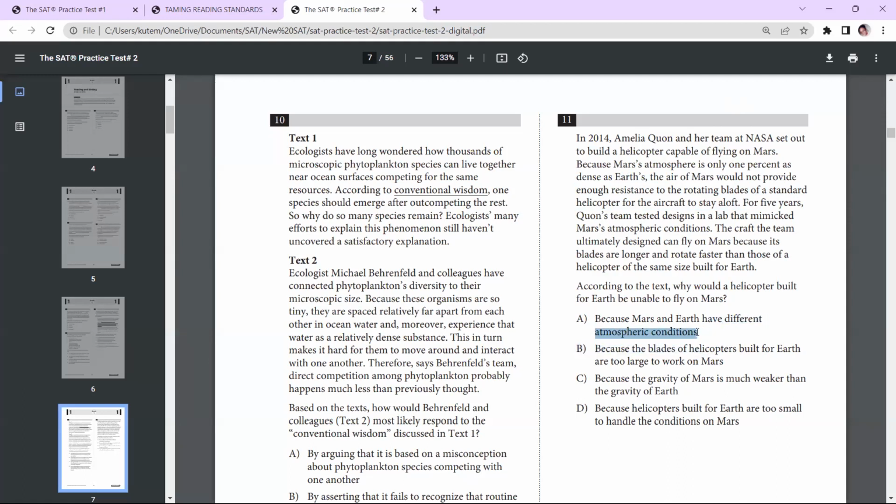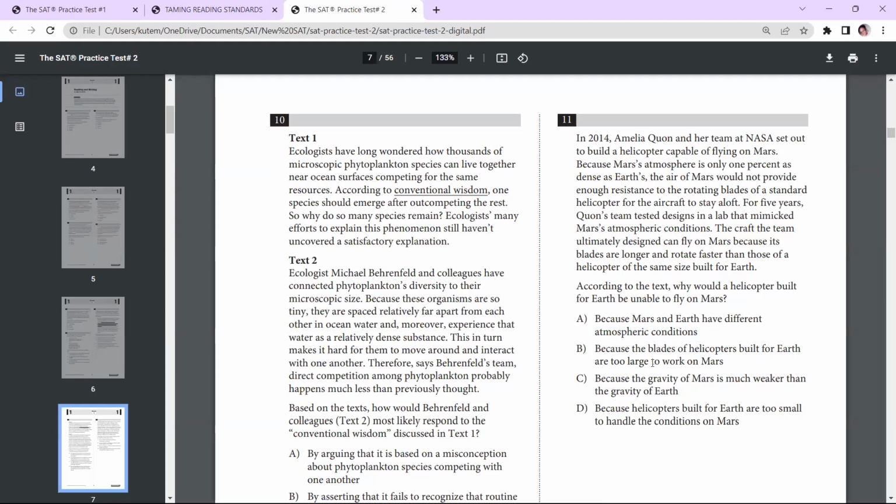This shows you how it's been rephrased. It doesn't say because Mars and Earth have different densities of air. It's been rephrased as atmospheric conditions, but we all know that's still the same thing. It's basically a correct generalization. So it's not going to be word for word, as I mentioned before, but it's still the same thing, just rephrased.